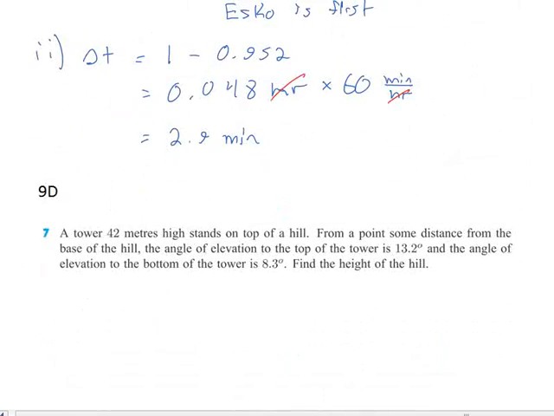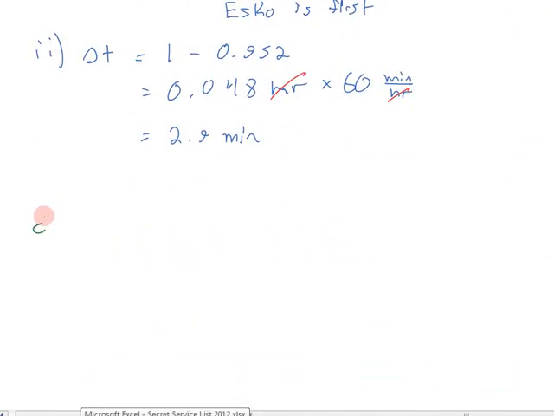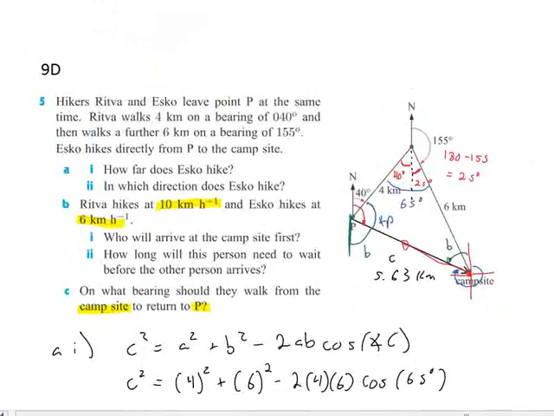So the bearing for part C would be 180 degrees, take away the bearing that Esco hiked, which was 115 degrees, and we'll find that the angle would be 65 degrees, but that's just the value of the angle.